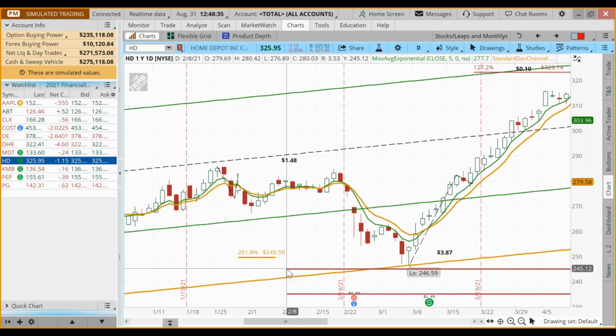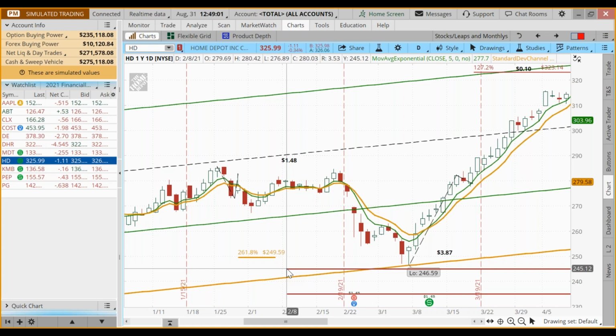It's a stronger signal than the 5 crossing the 8. To exit, the exit is the 5 and the 8. I watch it very closely, because if I have a bullish trade on and the 5 crosses below the 8, I am out.